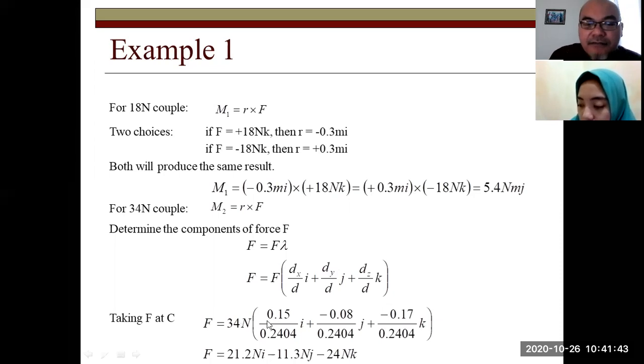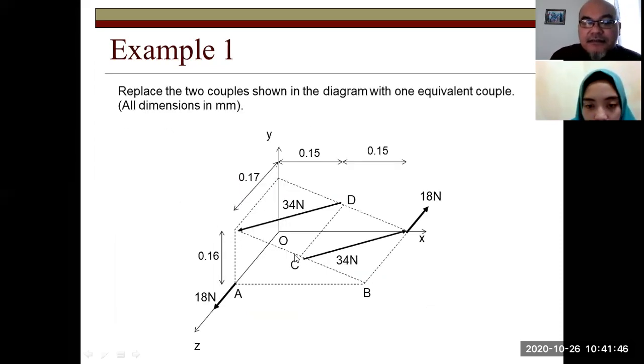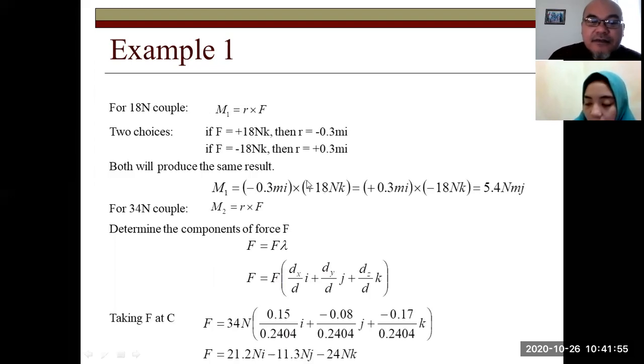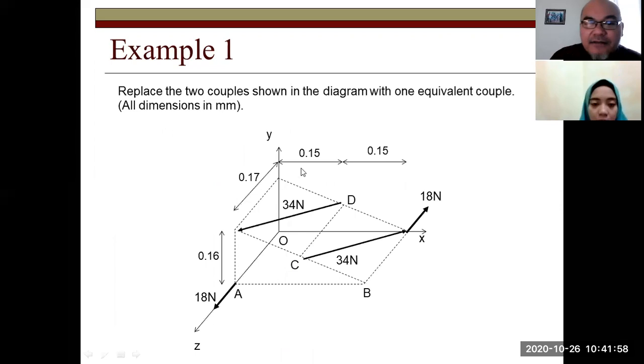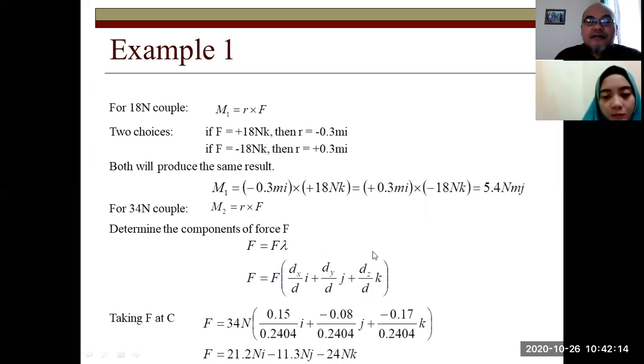Here, if we take F at C, it becomes RC minus RD. The x component is 0.15 i, plus the j component, minus 0.08.